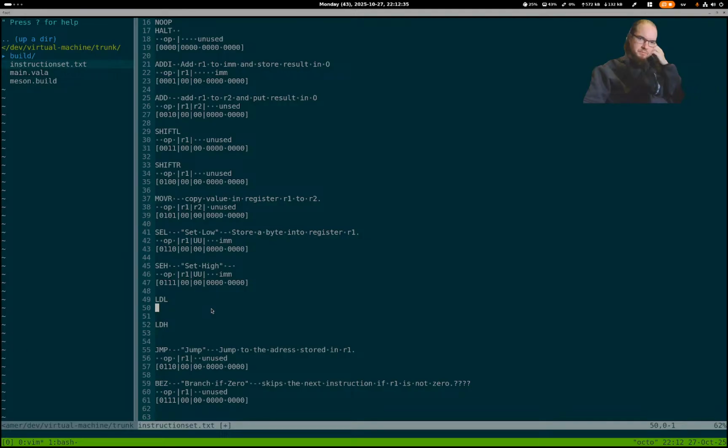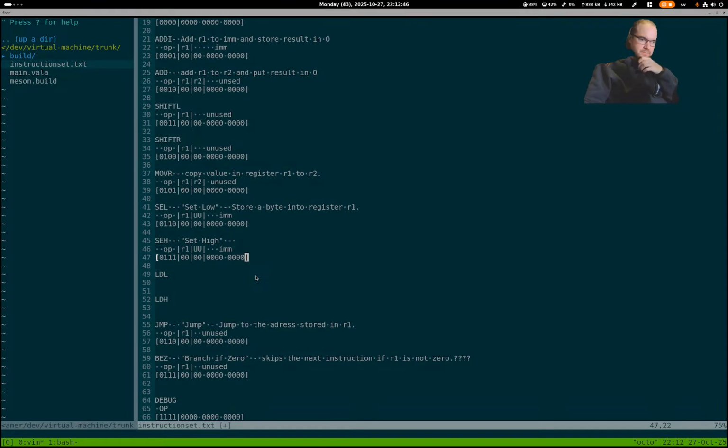Set and retrieve, right? Set and get. I'm starting to run out of opcodes. That's a problem.